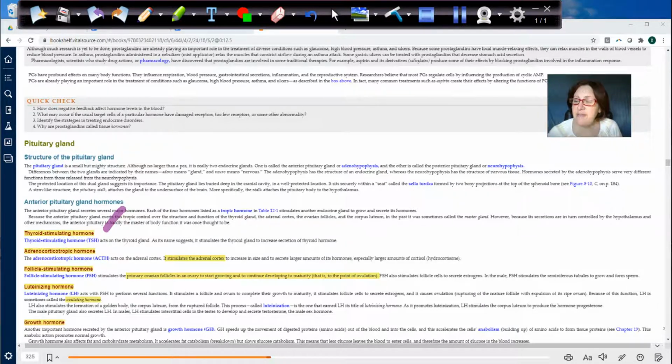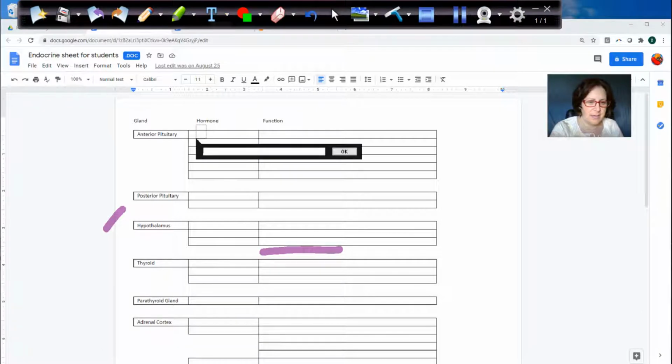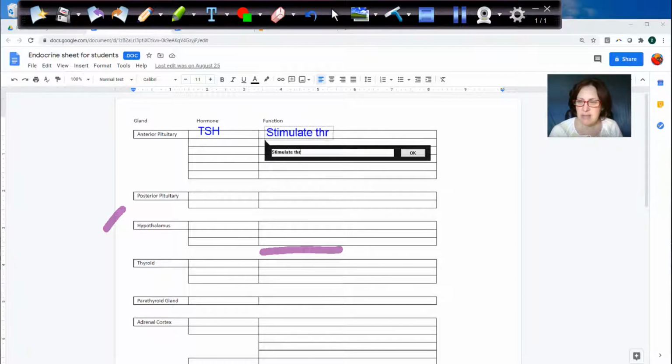Okay, it's abbreviated TSH, and its job is to tell the thyroid to release hormones.